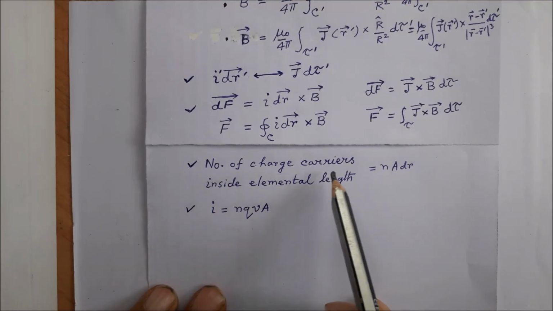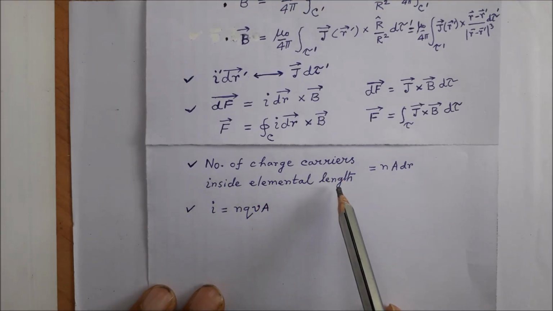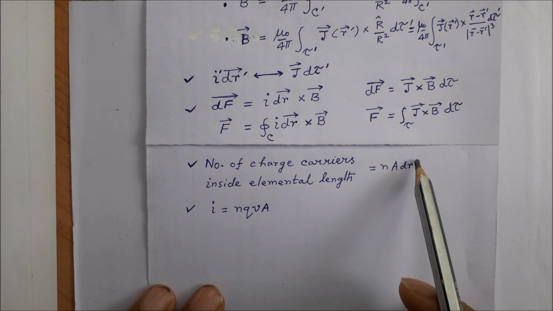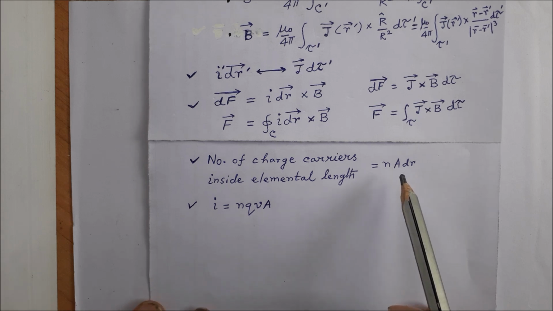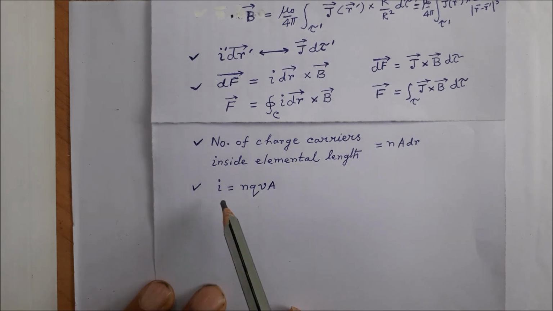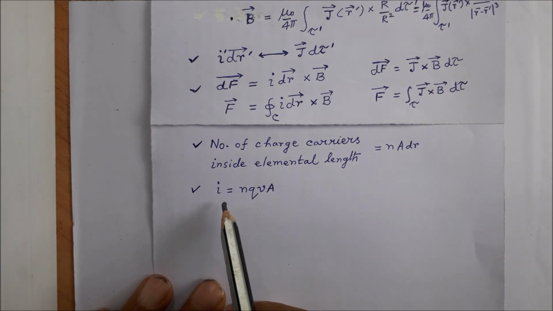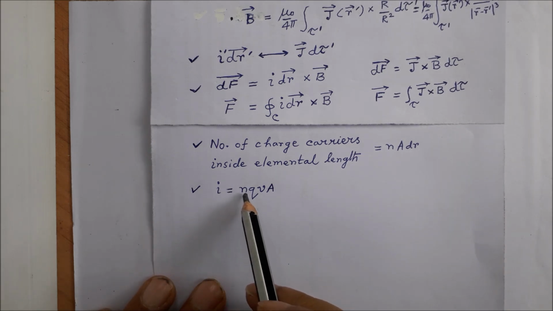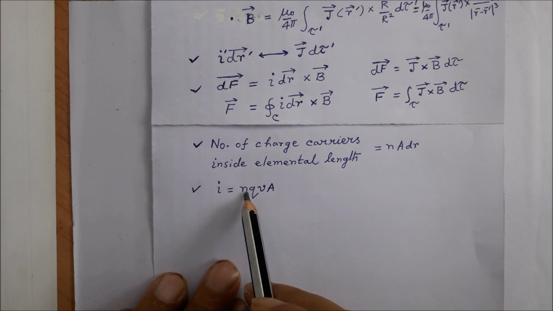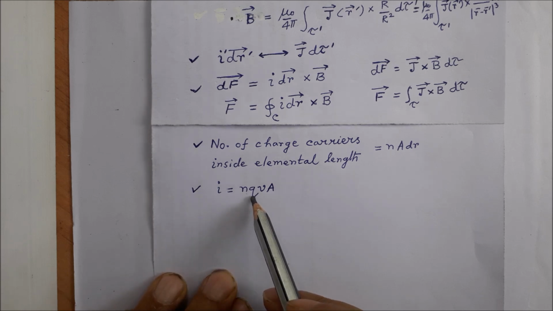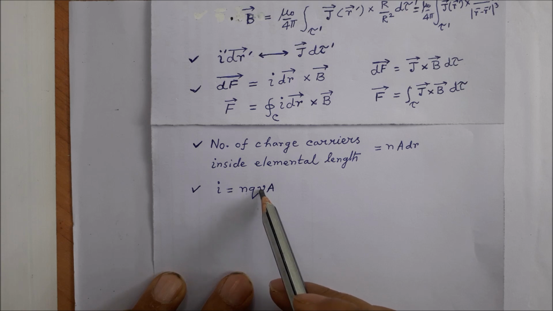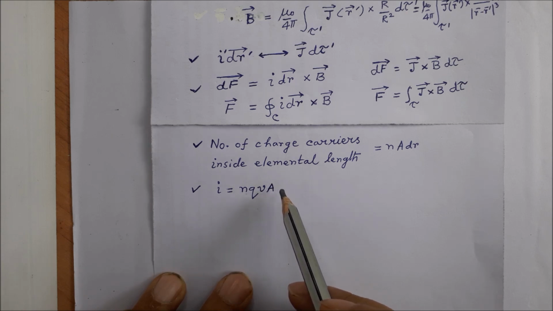The number of charge carriers inside an elemental length dr was obtained to be N A dr, and the current that flows through a circuit element was derived in terms of the number density of charge carriers, the charge carried by each carrier, velocity of the charge carrier, and the area of cross section of the conductor.